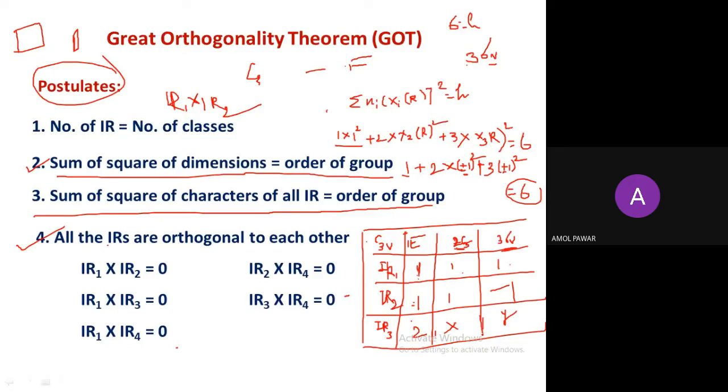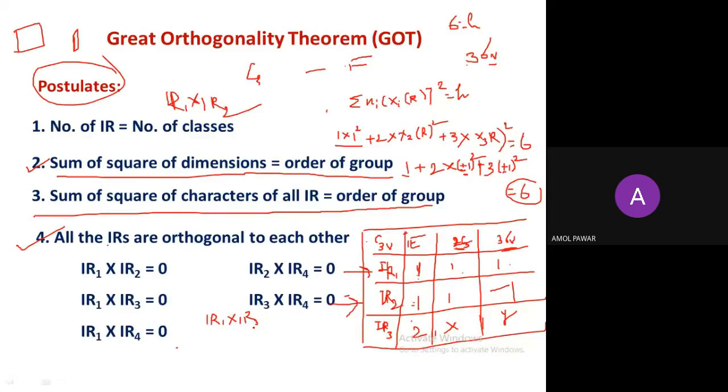See, now we have complete IR1, we have complete IR2, correct? We have the complete characters of IR1 and of IR2. So what will we do? We will try with IR1 into IR3. All of you work out this IR1 into IR3.